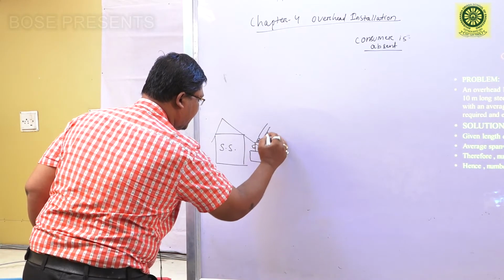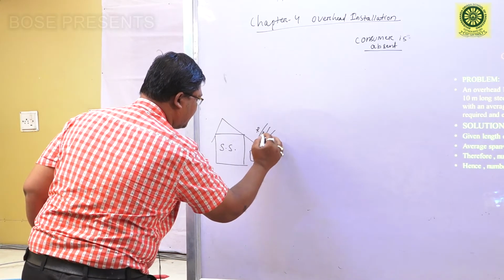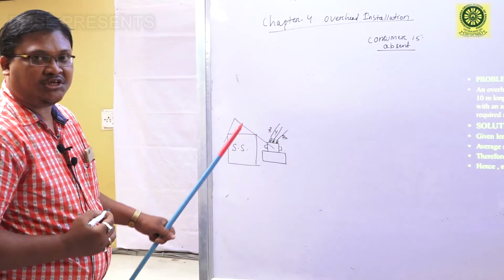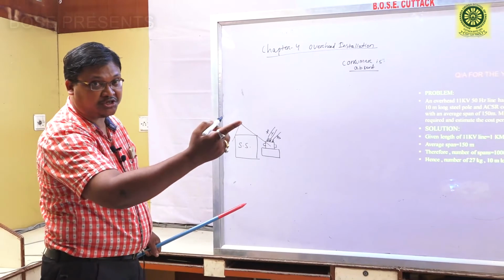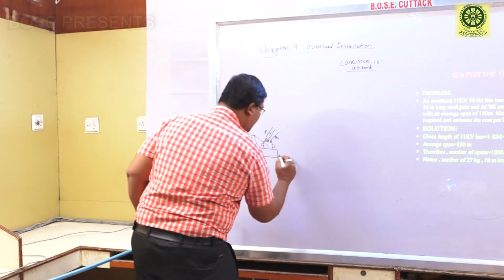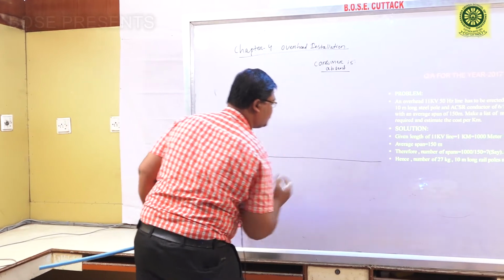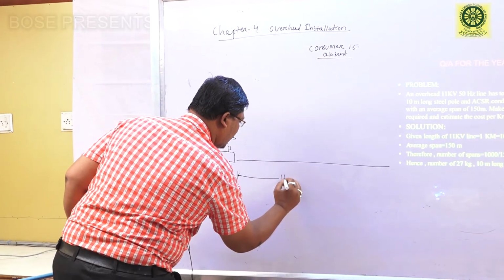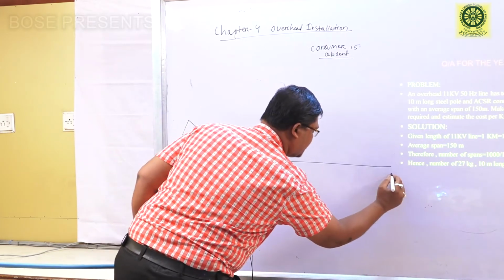This is suppose R phase, Y phase, B phase. So from this substation the total length is 1 kilometer.